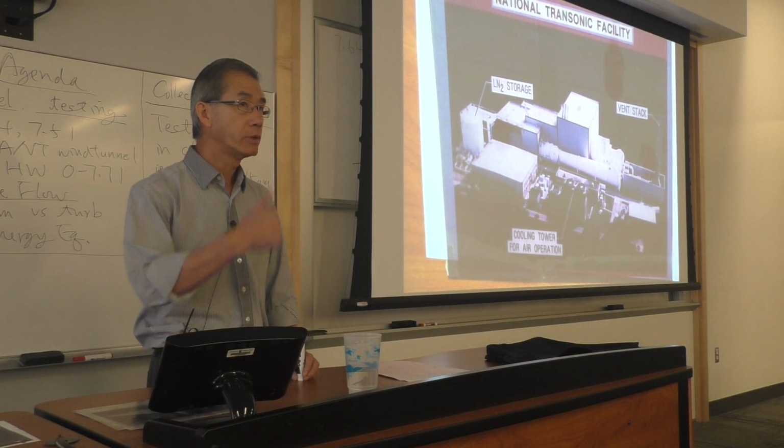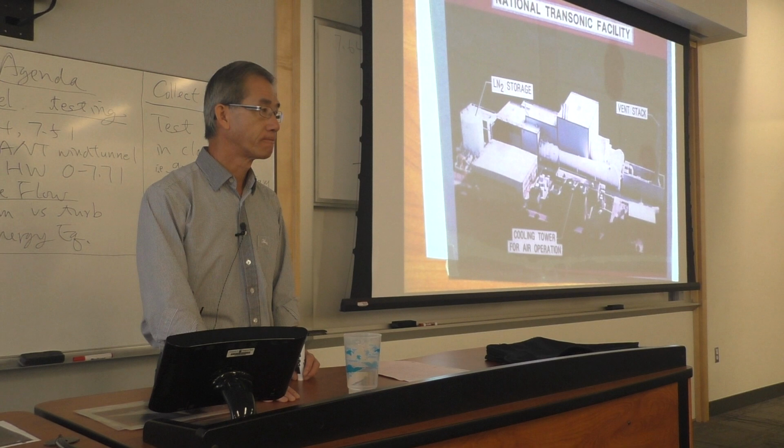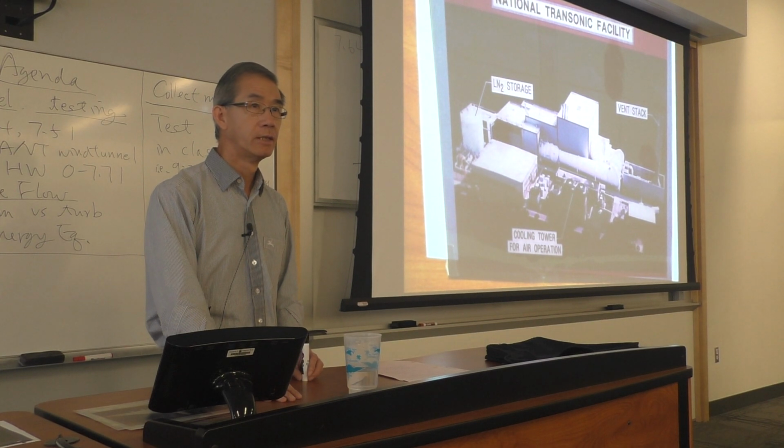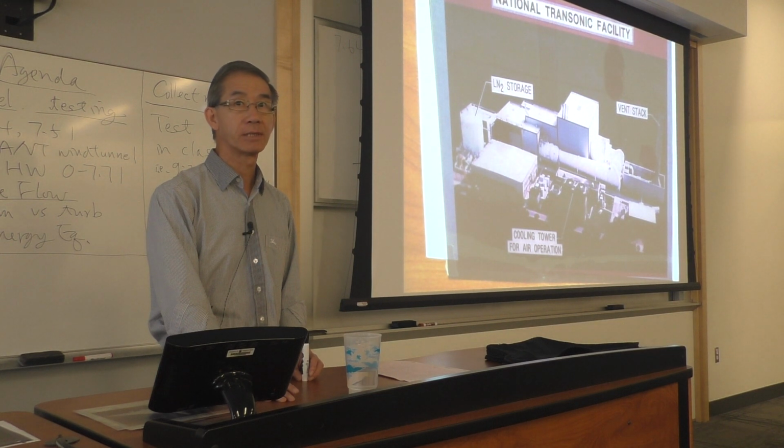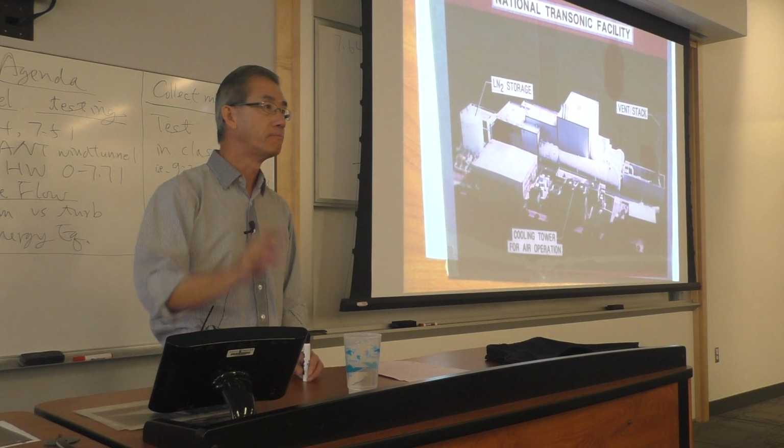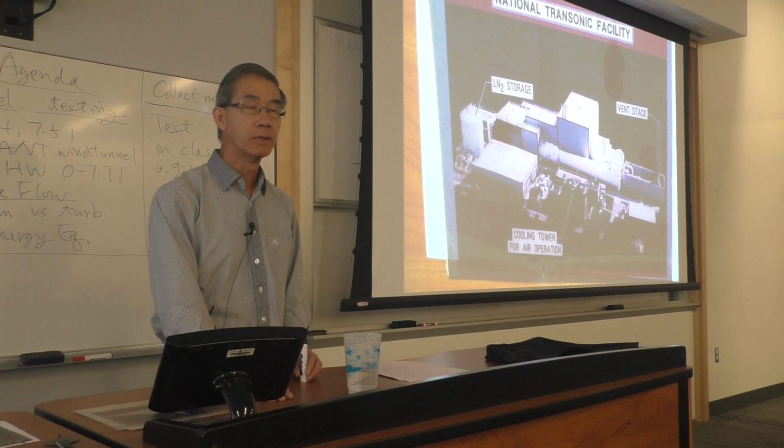So how do you increase pressure in the wind tunnel? What would you do? You build a pressure vessel. You make the entire tunnel a high pressure vessel that can withstand 10 times the atmosphere, 140 psi. Right? So we just hope it never blew up, because a lot of people will be hurt.